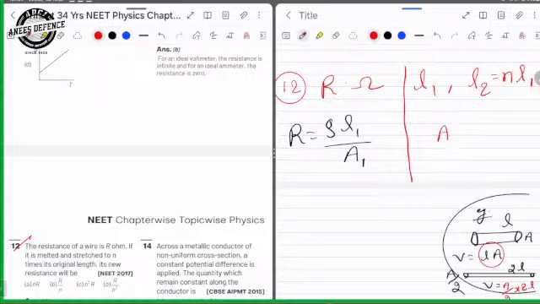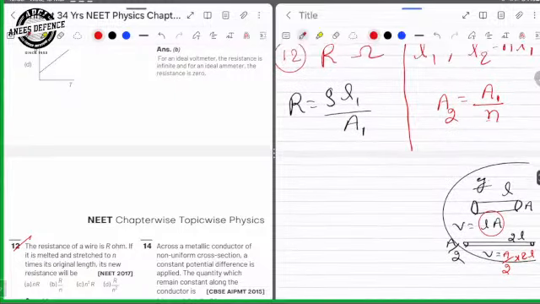Final area becomes 1 upon n times, which means original area upon n. Is it clear?